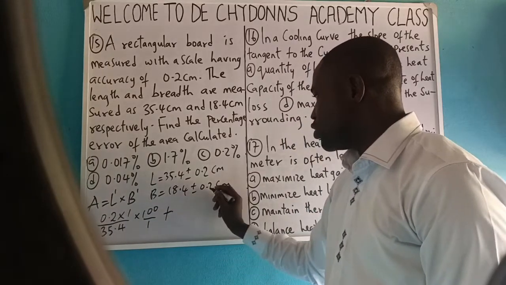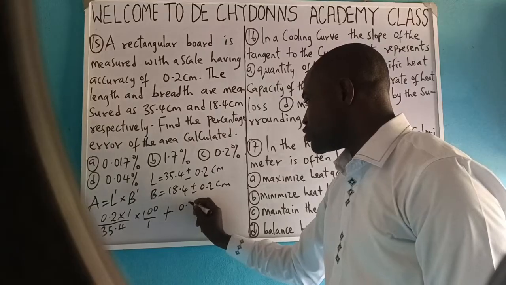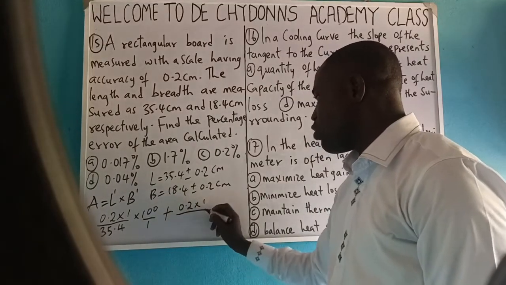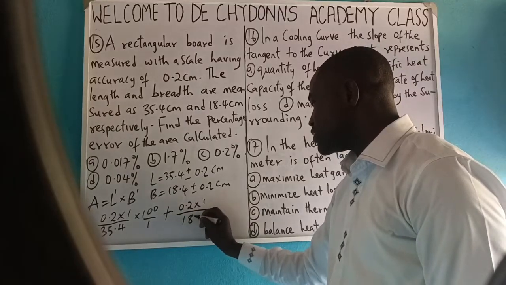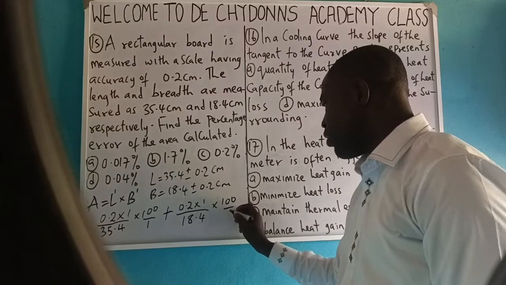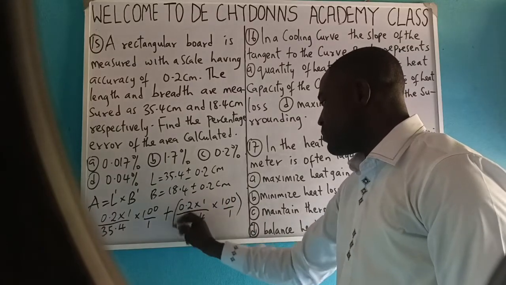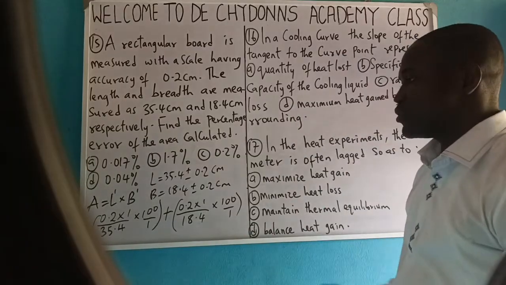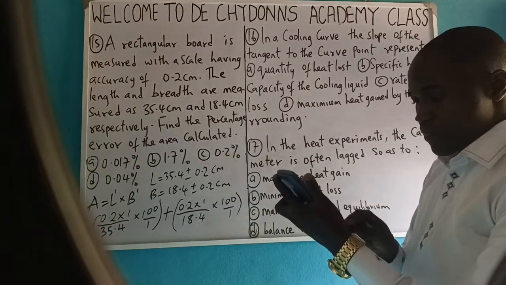Plus, you come to the breadth, 0.2 times the power, which is 1, all over 18.4, times 100 over 1. You get them individually and you add up. So we'll be using a calculator.